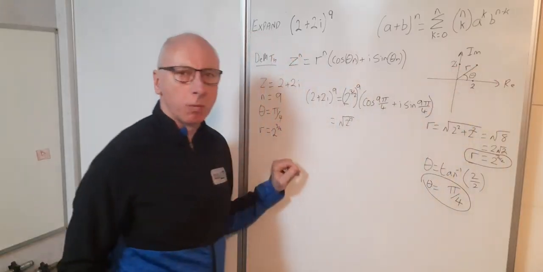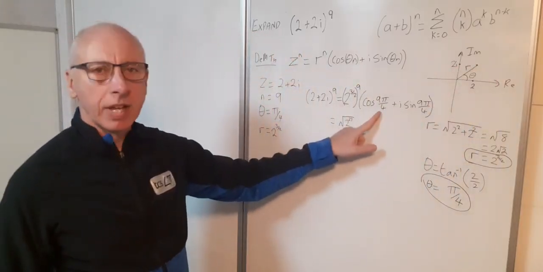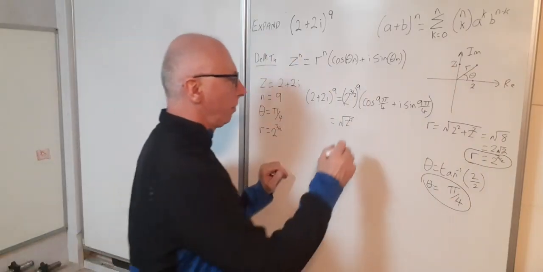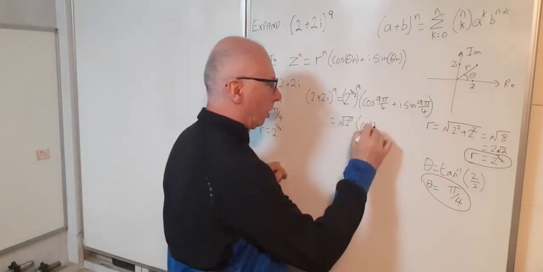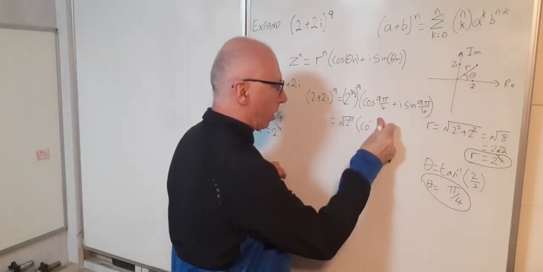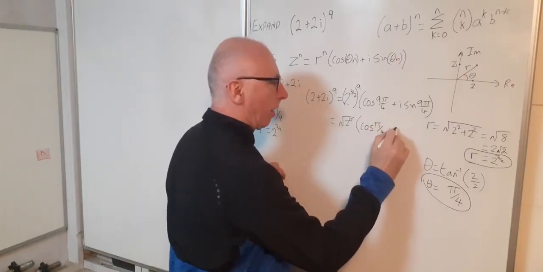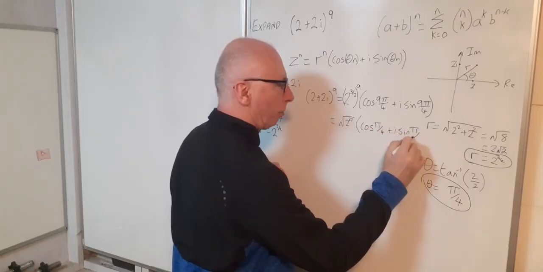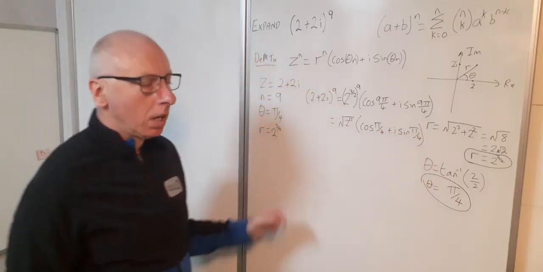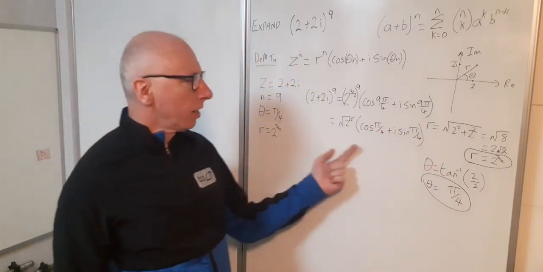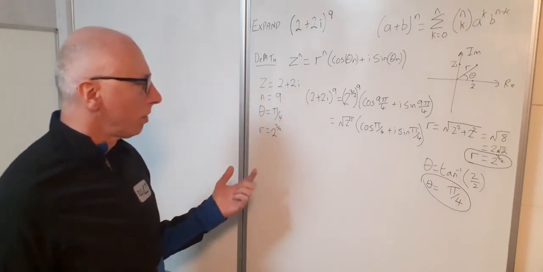I'll be back to where we started from. So the equivalent to that is still going to be cosine pi over 4. So let's write that as cosine, let's get it correct, and then i sine pi over 4. Okay, so that's kind of a setup for us for our result.